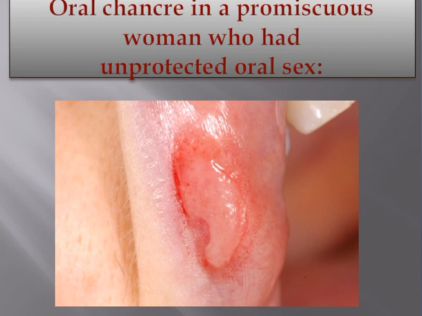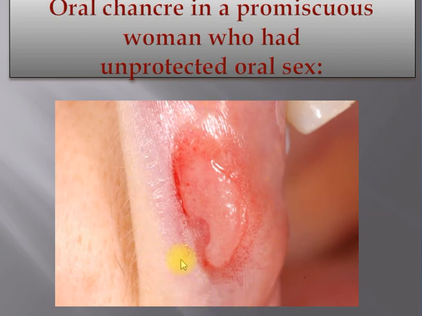The majority of extragenital chancres occur in the mouth, up to 75% of cases, although they can be observed in any body part, including the hands of healthcare workers. Regional lymphadenopathy occurs in up to 80% of cases, about 7 to 10 days after the development of the genital chancre. On this slide, you can see erosion, and that is not even erosion, that is an ulcer. That is a primary syphilis, syphilitic chancre.